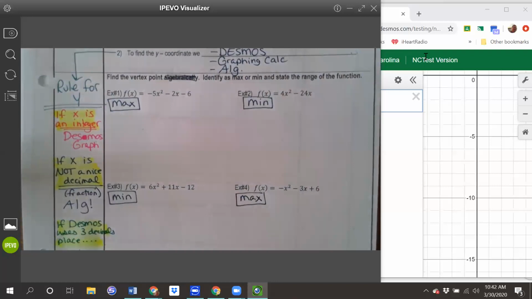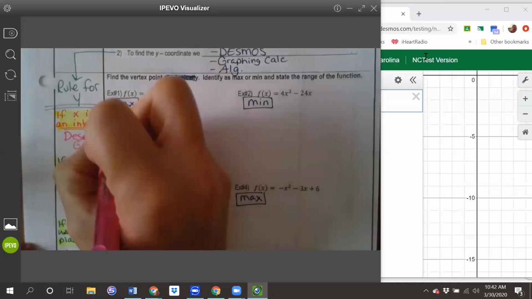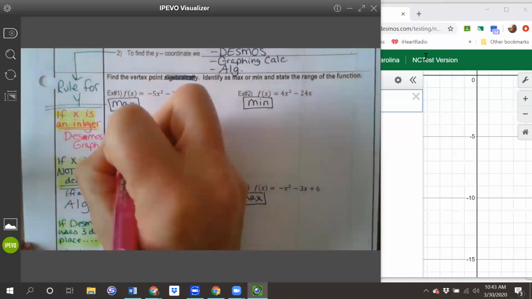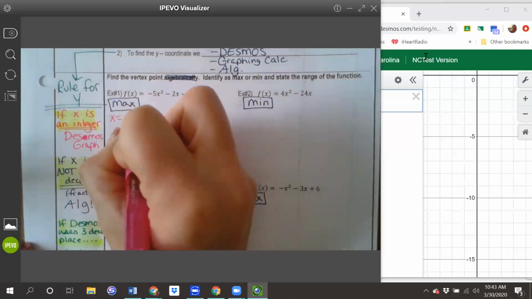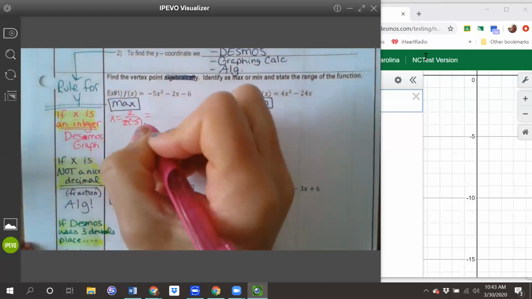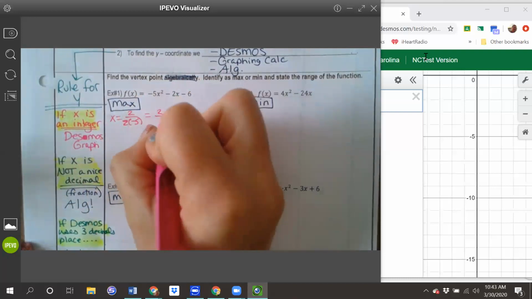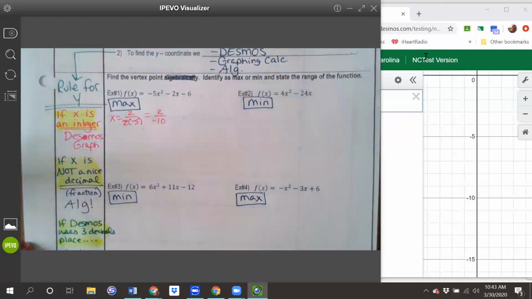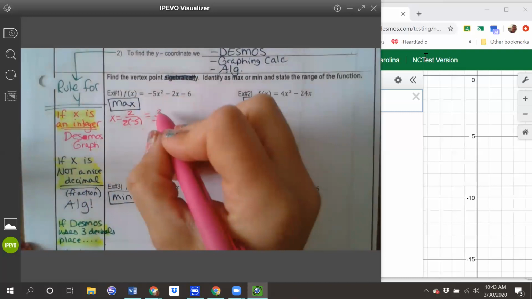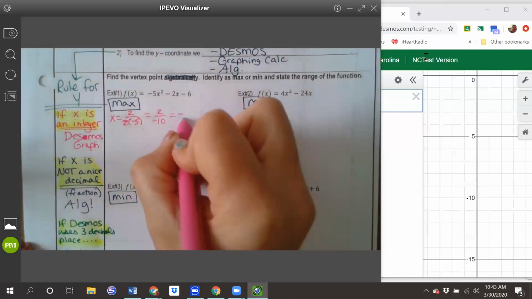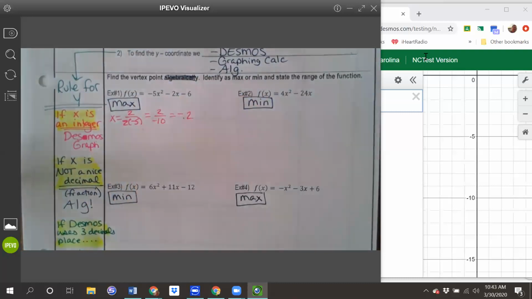Okay. So now let's go ahead and find the vertex. So I'm going to do x equals the opposite of b over 2 times a. So that is going to be 2 over a negative 10. That's negative 2/10, which is negative 0.2.